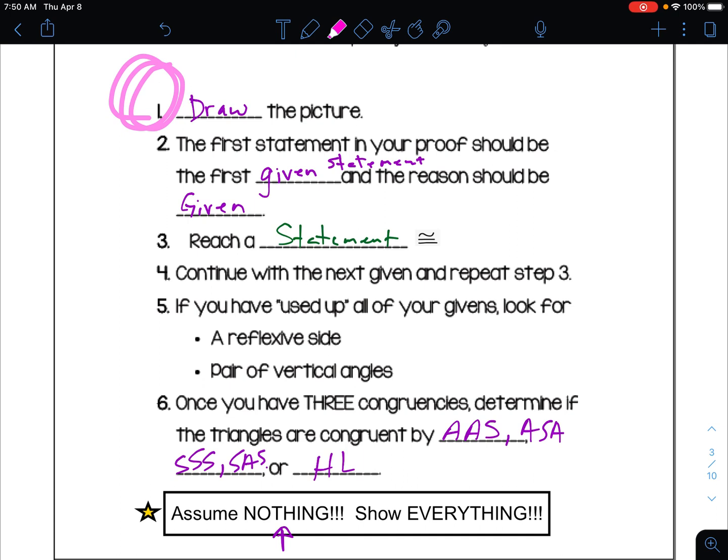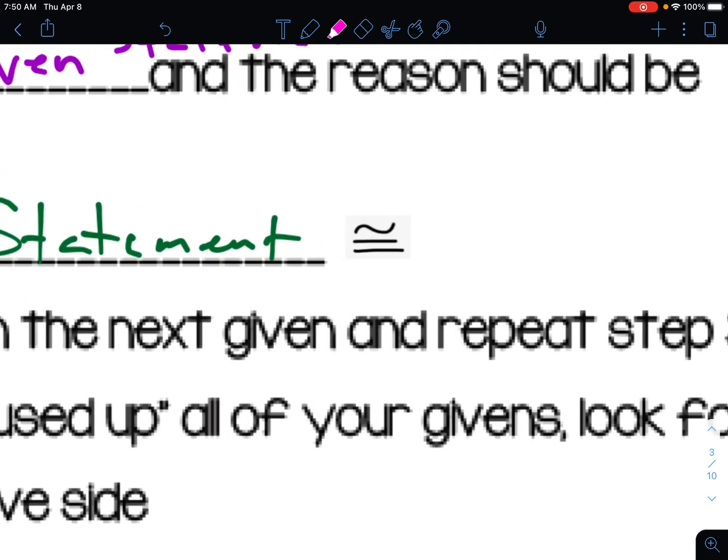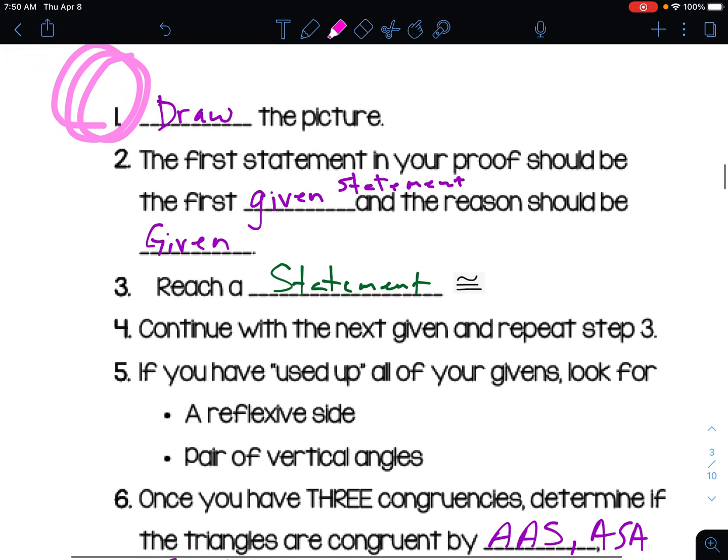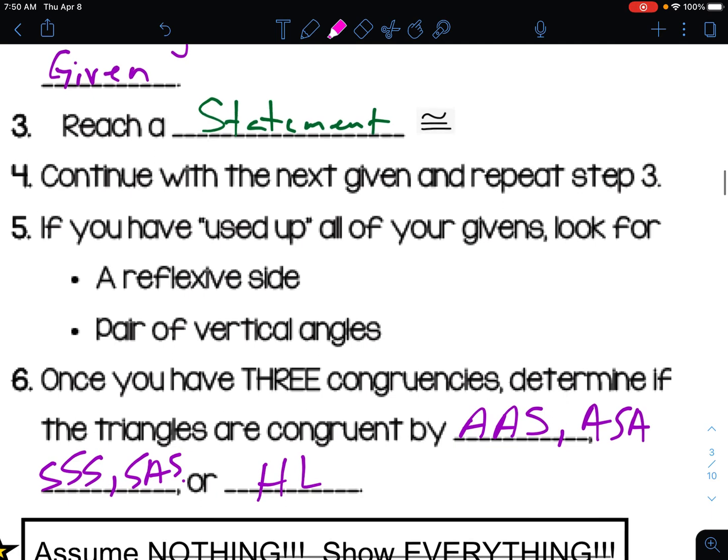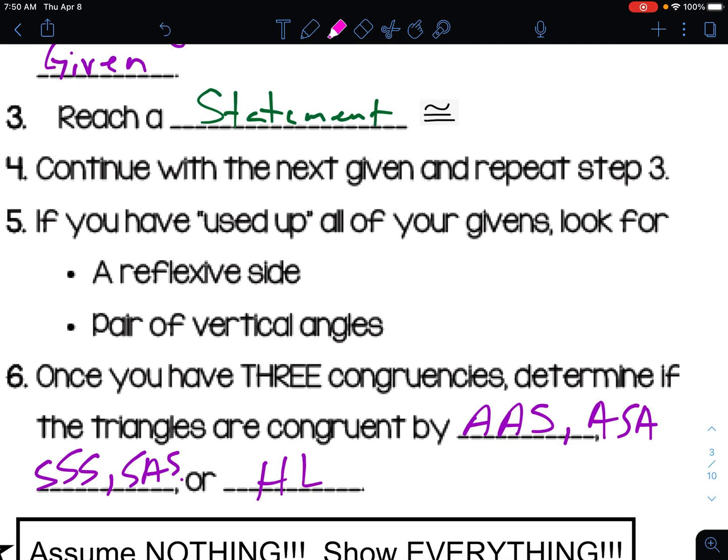Then if it says R is the midpoint of S and Q, well, great, that's given. You didn't write down a statement, so then we want to reach a statement that has the congruency symbol. And then if we only have 1 or 2 bits of information, you're going to have to use vertical angles, reflexive side, that kind of stuff.